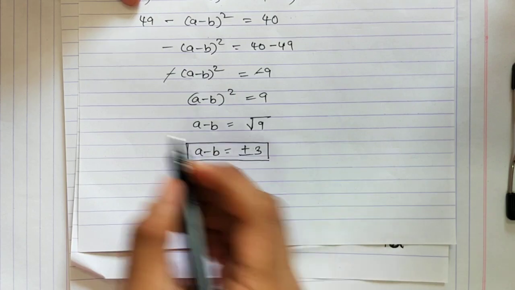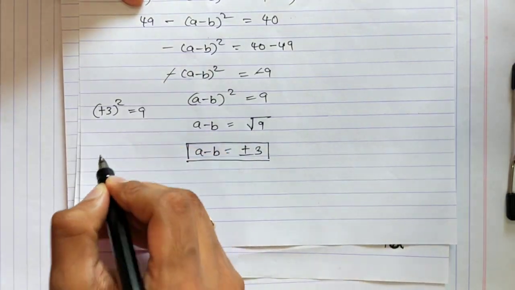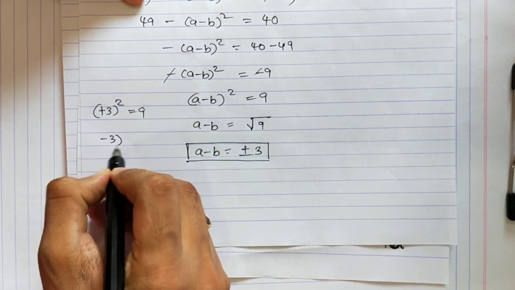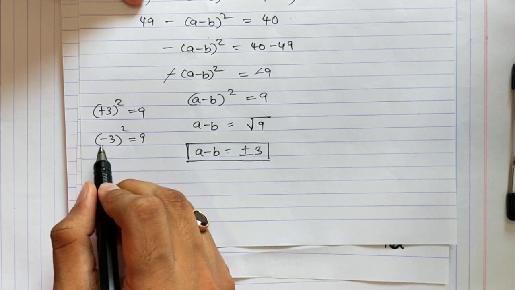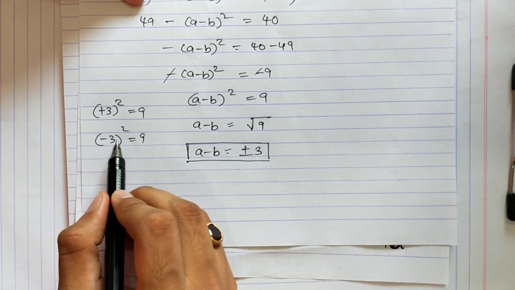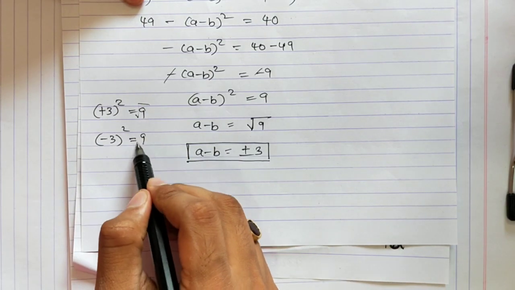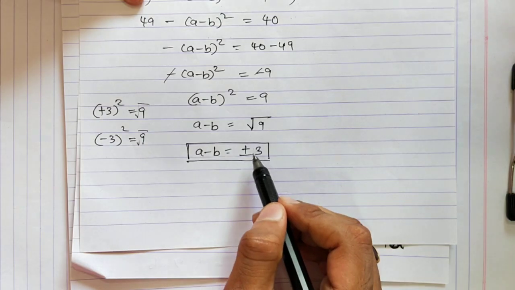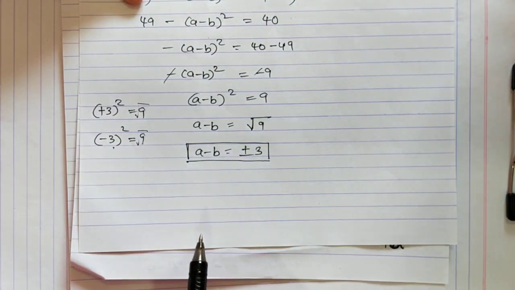Because the square of plus 3 is 9, and the square of minus 3 is also 9, because minus minus becomes plus. So while taking square root, we don't know whether the number will be plus 3 or minus 3. So we write plus minus 3 both.